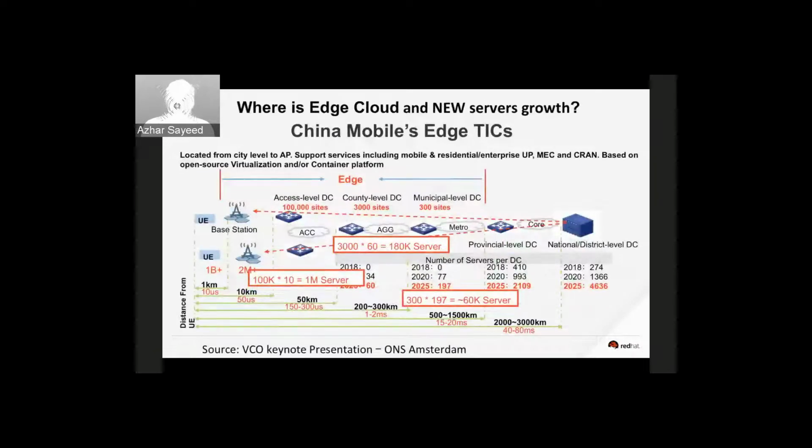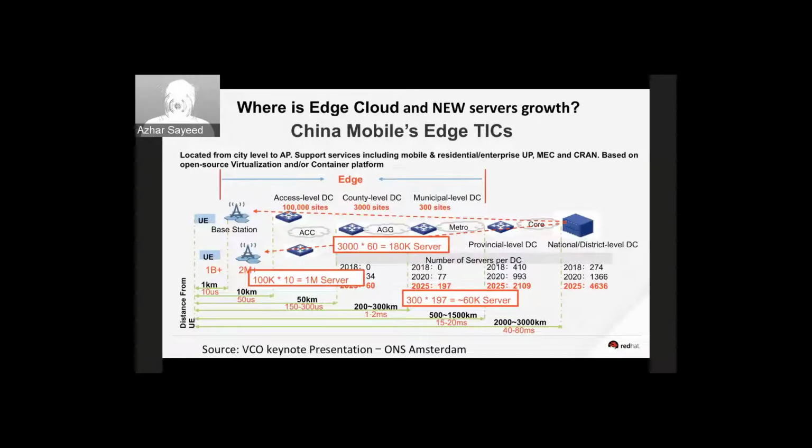Everybody talks about Edge. Here's an example of a slide that was done by China Mobile at the VCO keynote presentation in Amsterdam. If you look at the deployment model from the national district level data center down to the base station, and because this is China Mobile, it's talking about radio infrastructure, the number of servers they need to deploy this whole virtualized RAN with edge compute is about 1.25 million servers, in terms of number of sites and locations, multiplied by the total number they need in about 2025.